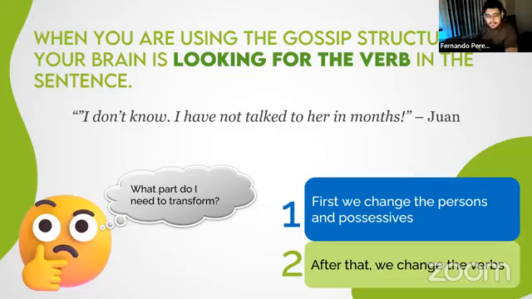And when we are gossiping, we need to identify the verb. Here you have how many ideas? How many ideas do you have in this sentence?